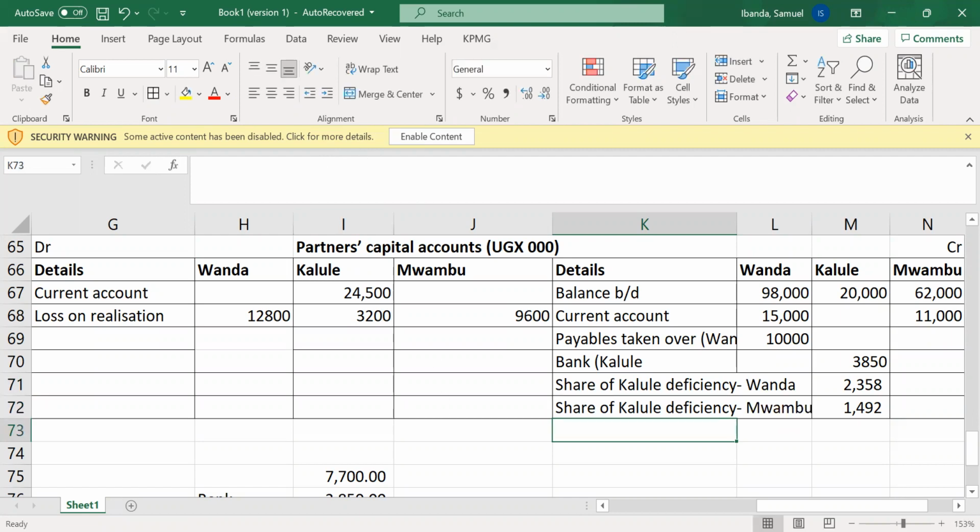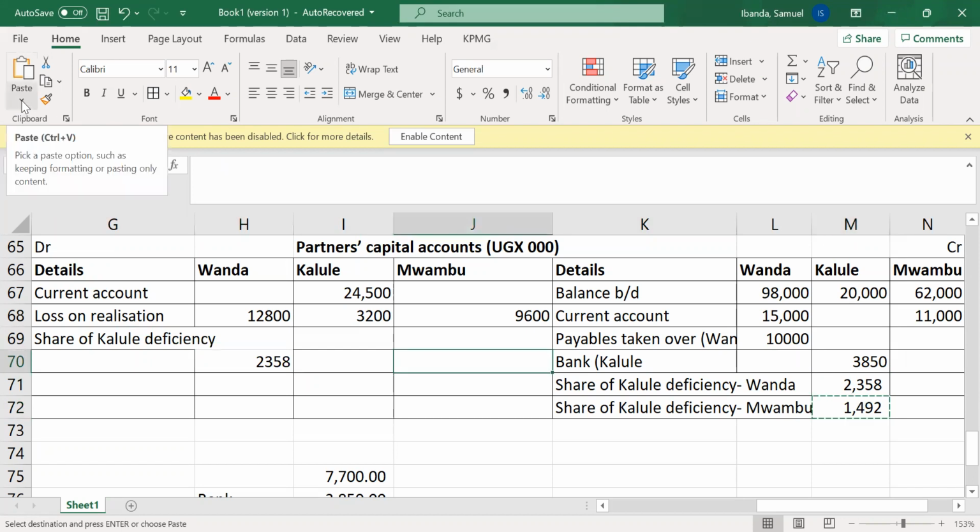As you credit it here, you're supposed to debit it here as well. But now in this case, it will be in the respective columns of the solvent partners. Remember, these partners are bearing this difference. So Wanda will have his share in his column here, and Mwambo will also have his share in this column, like that.